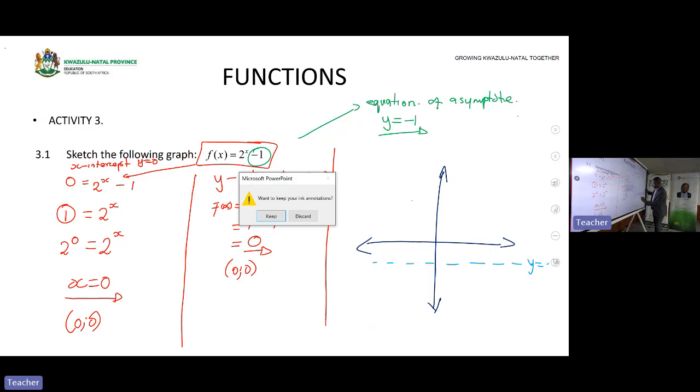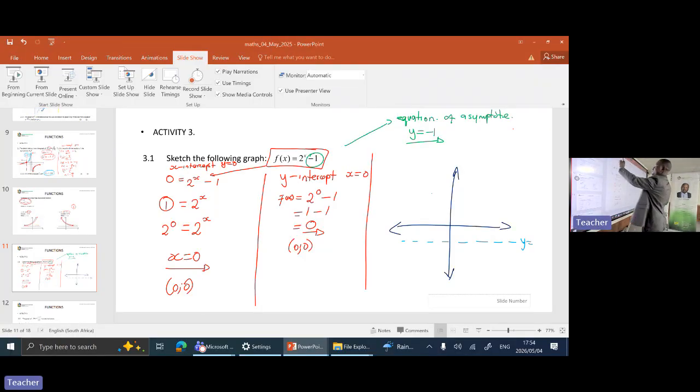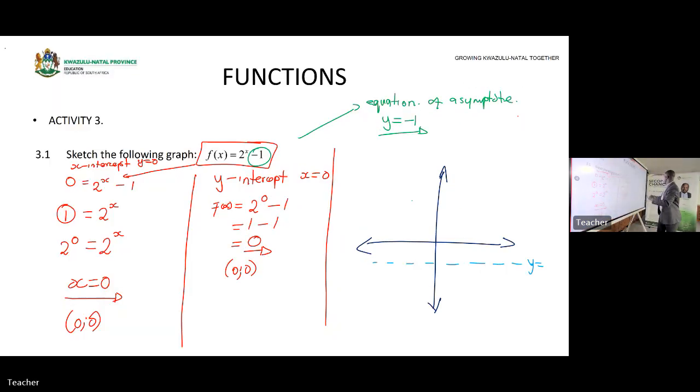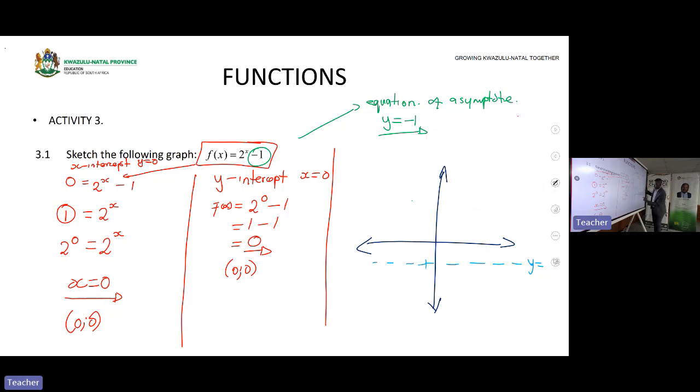And then it's our -1 here. It's supposed to be -1. Okay, sorry about that. So this is our -1 here. Then we are going to plot this point, which is 0 and 0. Now we have plotted our point.